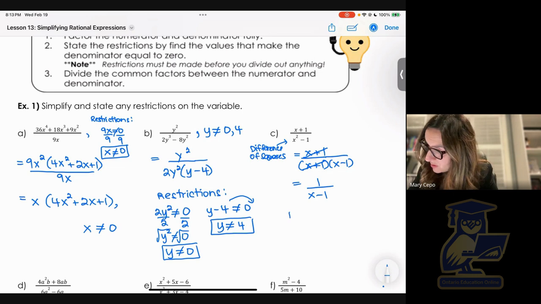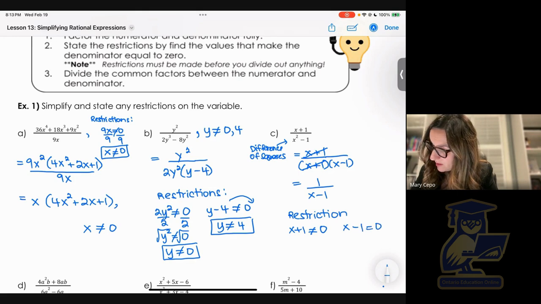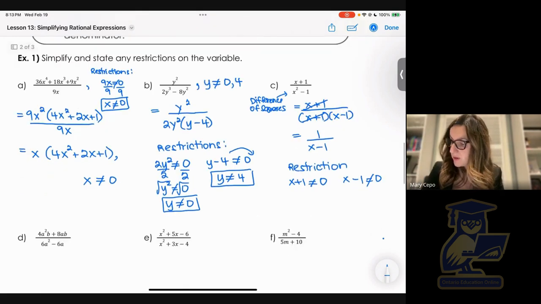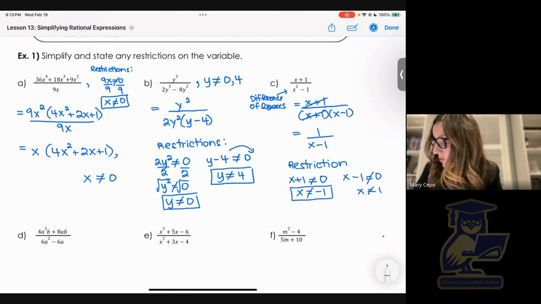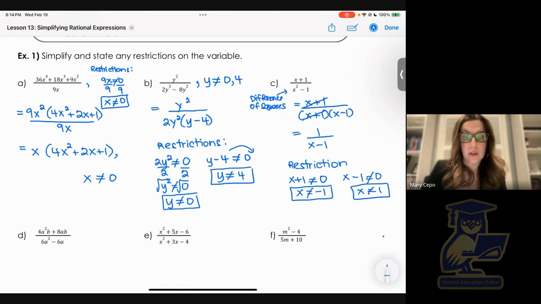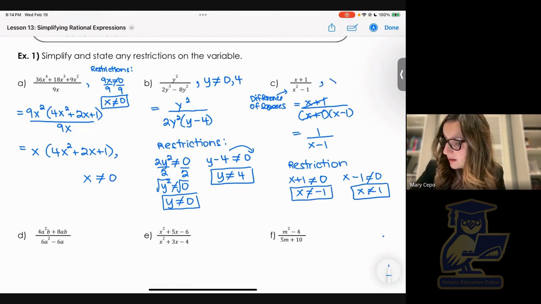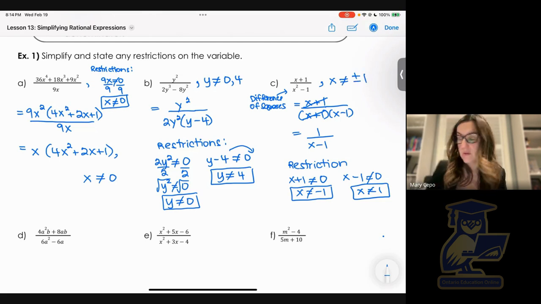So for our restrictions, we set x plus 1 equal to 0 and x minus 1 equal to 0. Even though we simplified, at one point it was in the denominator, so it is considered a restriction. We solve for x is equal to -1, x is equal to +1. In these cases, x would result in the denominator equaling 0. So we can say x cannot equal plus or minus 1.